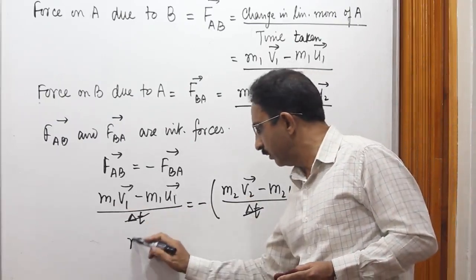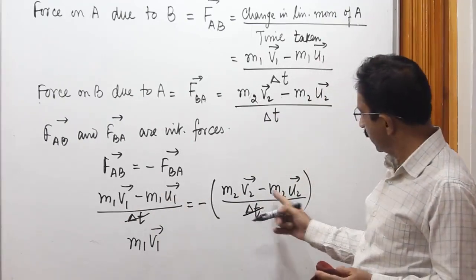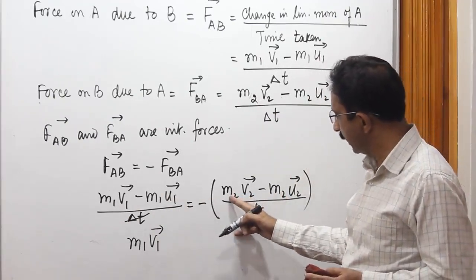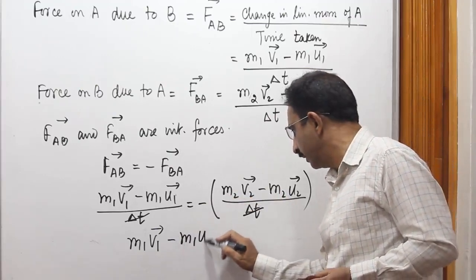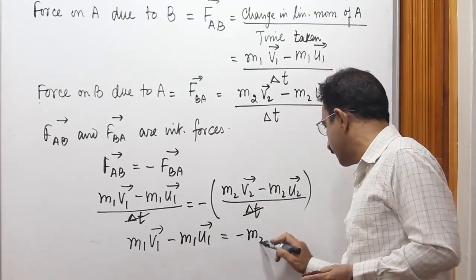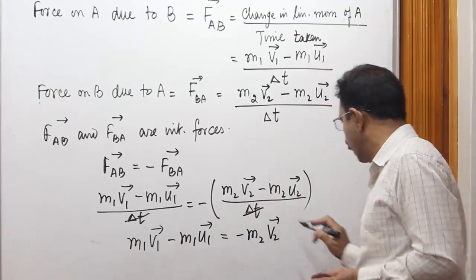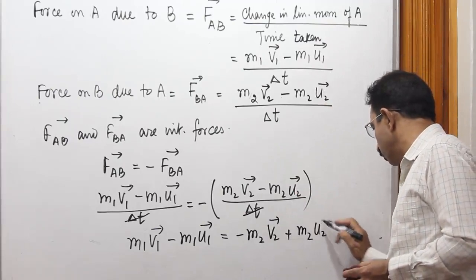Here I can do this: m1 v1, with it this term, when multiplied by the minus sign, will be minus, so minus m1 u1 is equal to minus m2 v2 and plus m2 u2.